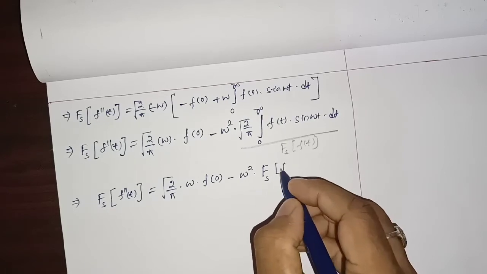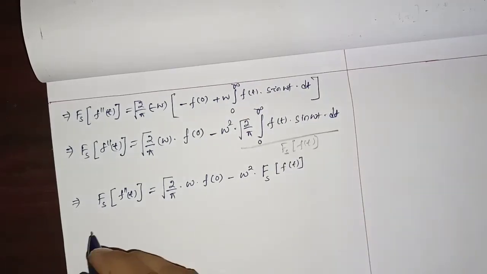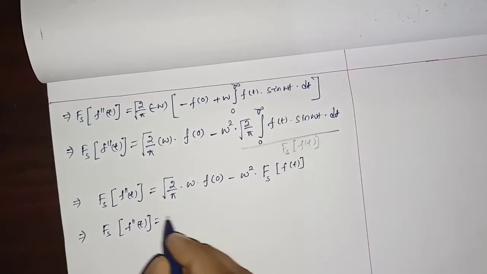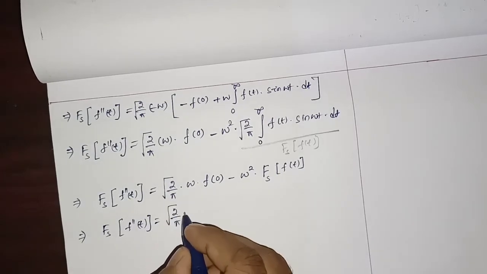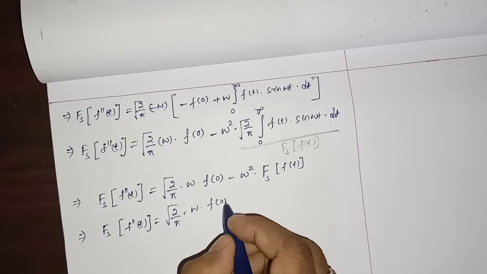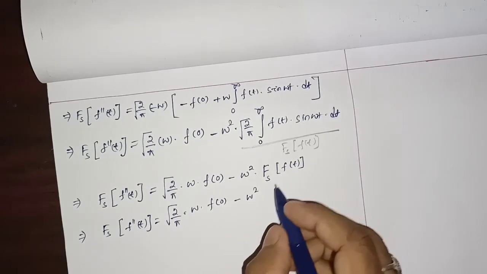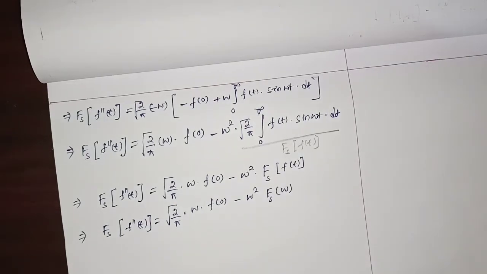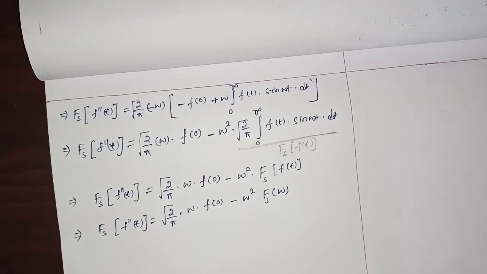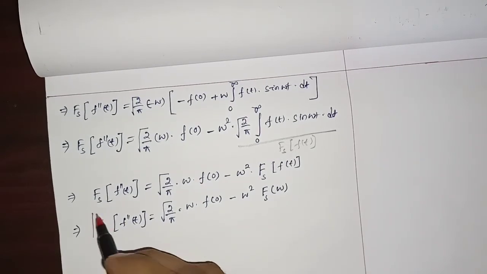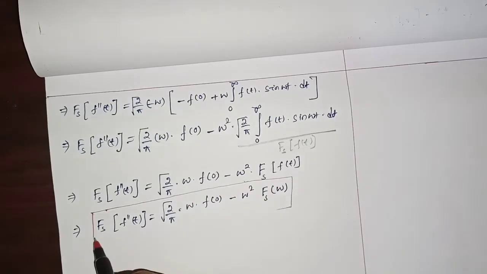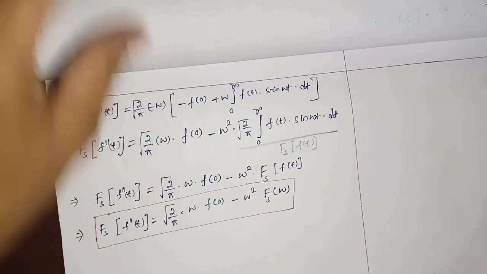Or it will be written as the Fourier sine transform of the double derivative of that function equals 2 by pi root over omega f of 0 minus omega square, this will be written as capital Fs omega. So I suggest that you just remember this one, the Fourier sine transform of a double derivative of a function, because this expression is very much essential whenever we are going to solve the applications part of the Fourier transform.